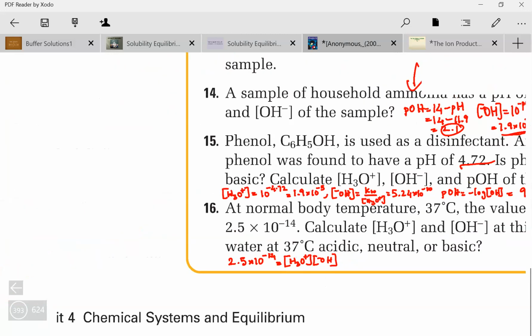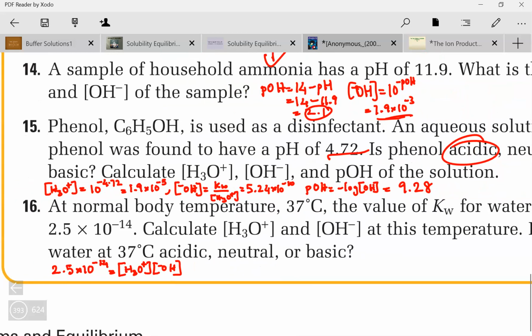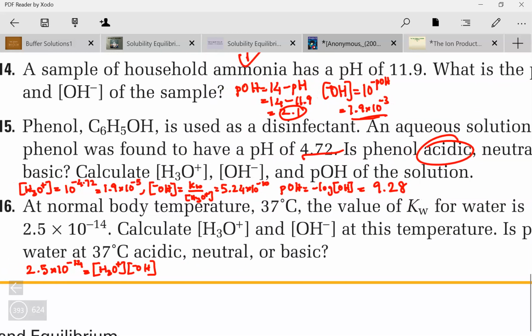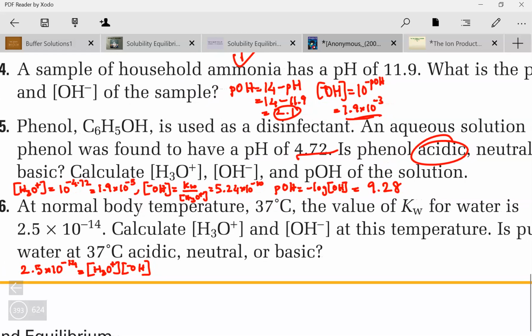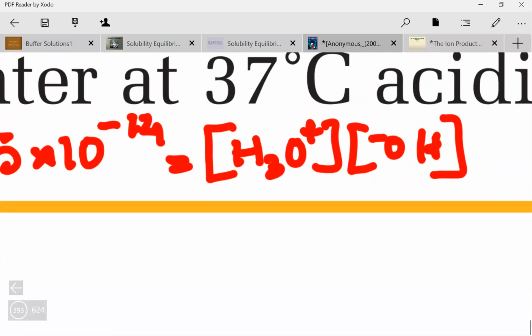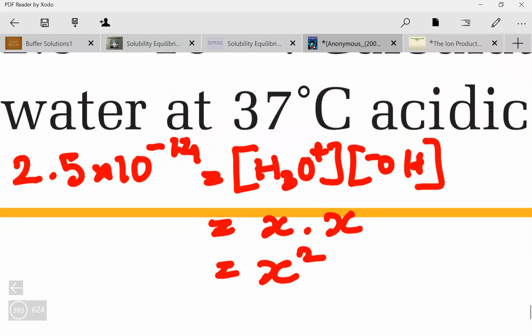So we have to calculate basically the H3O plus and the OH minus, but this is for a neutral solution, right? So we're going to say neutral solution, we have to calculate H3O plus and OH minus. And here we'll say if one of them is X, the other one's also X, because they are both the same in a neutral solution.